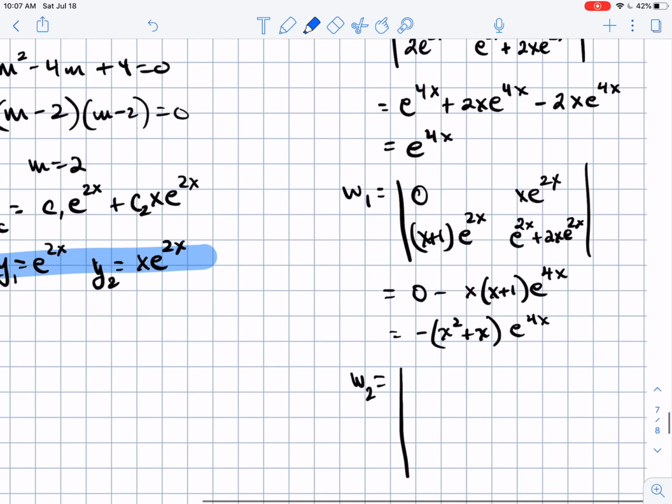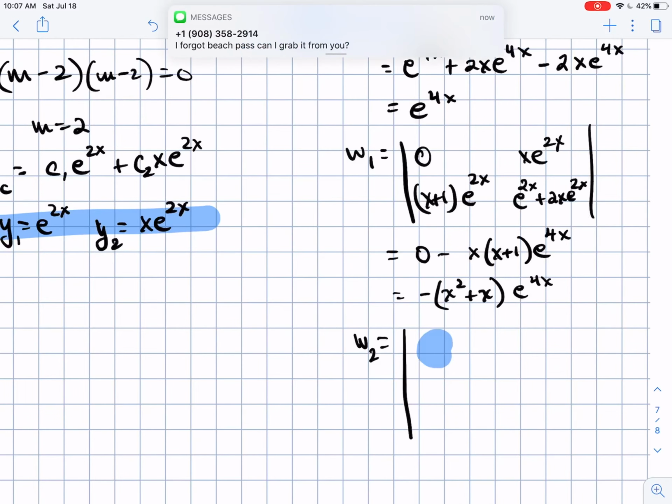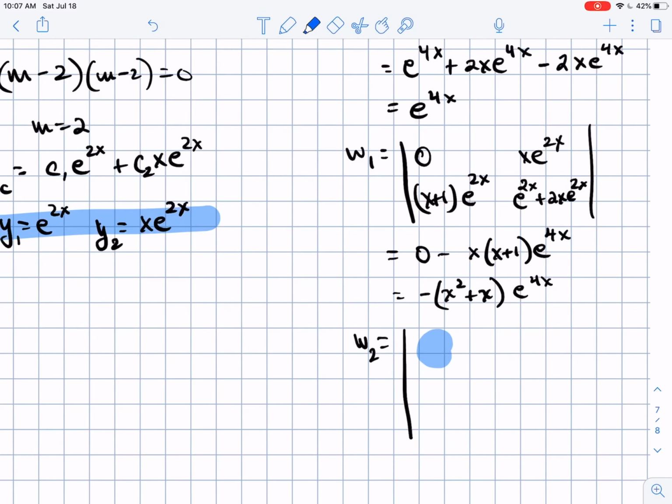Okay, so here what I have is e to the 2x, e to the 2x, and then 0, and then our function x plus 1 e to the 2x.